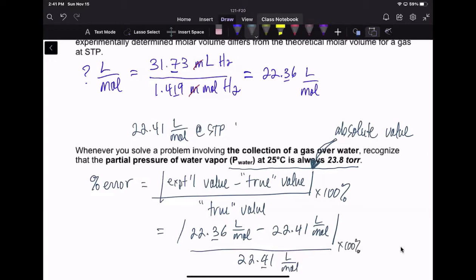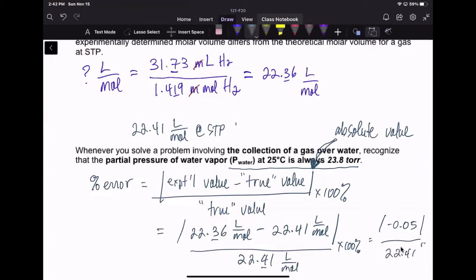Now, whenever you do a difference, remember it's a good idea to write that value. So 22.36 minus 22.41, and I get negative 0.05. Oh, this is a little different than the last time I did it. I must have rounded somewhere. That's okay, because what's our significant figure there? Oh, we don't have to worry about it yet.